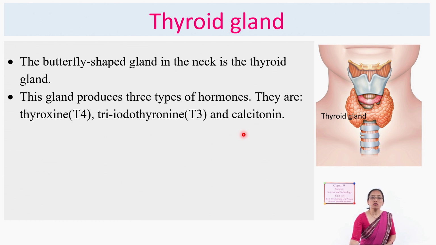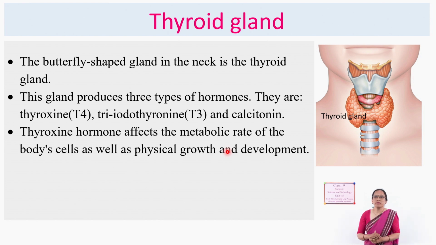So doctors refer to check these hormones if there is any problem in our neck, and sometimes people become very fat or very thin due to dysfunction of this thyroid gland. So how do these hormones perform various functions?